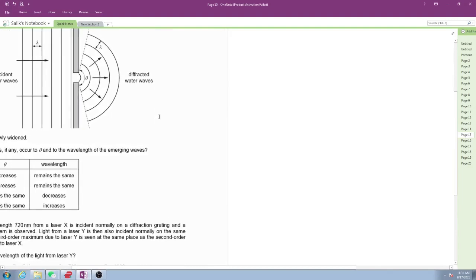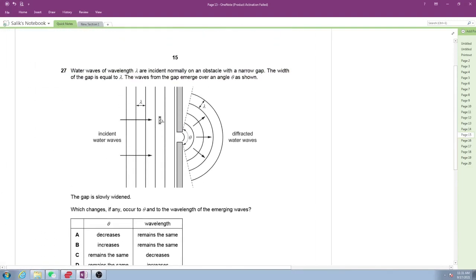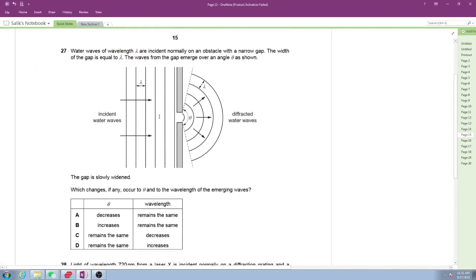Next question is about diffraction of waves. They said water waves of wavelength lambda are incident normally on an obstacle with a narrow gap. The width of the gap is equal to lambda. So it means lambda equals the width of the gap.